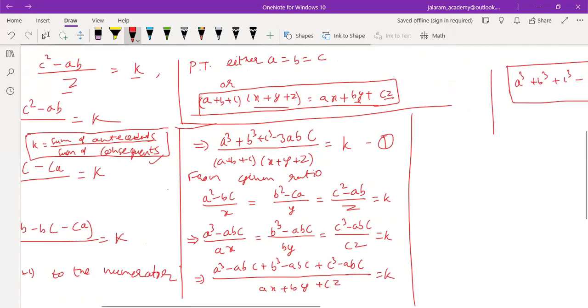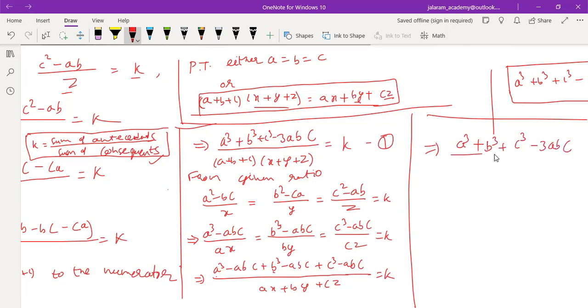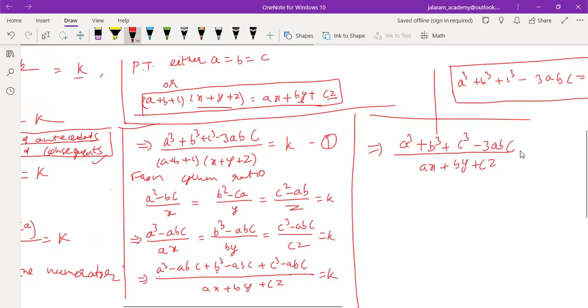And if we combine these terms, the numerator contains a³ + b³ + c³ − 3abc, over ax + by + cz equals k, equation number 2.